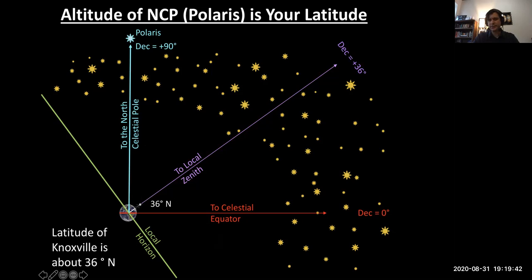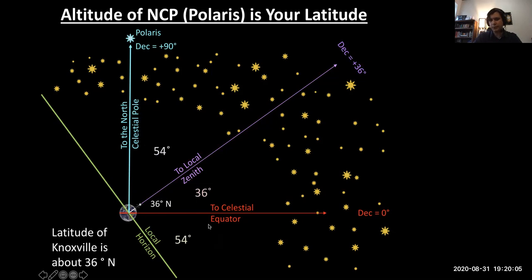So if this is 36 and this entire thing is 90, this needs to be 54 degrees. And if this is 54 degrees and I have 90 degrees between my zenith and my horizon, that means that this needs to be 36 degrees.